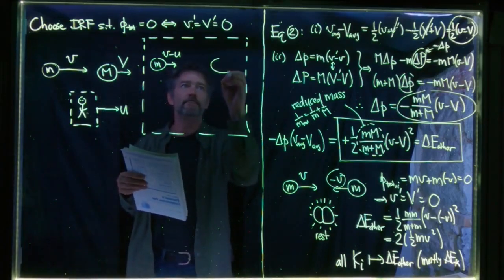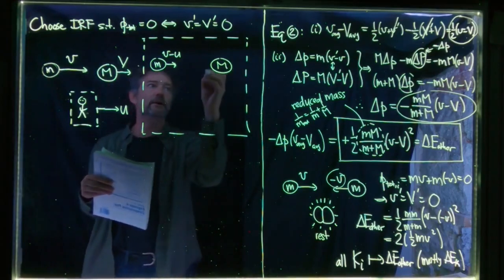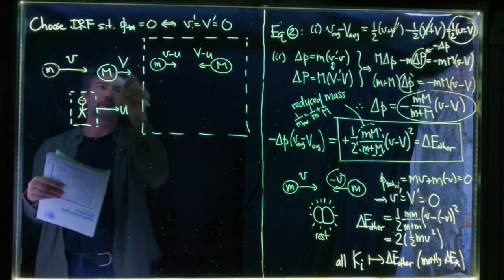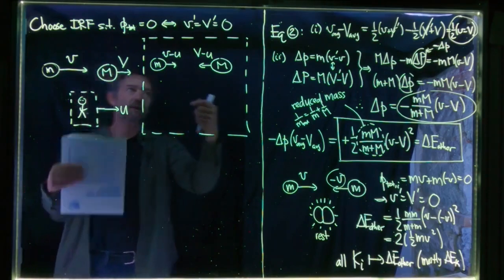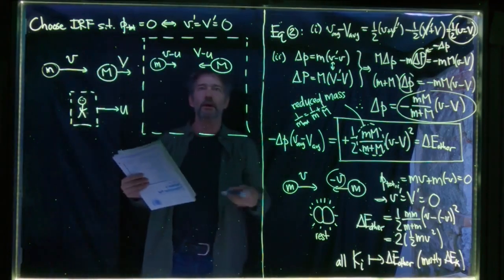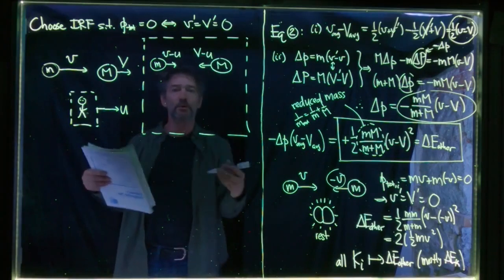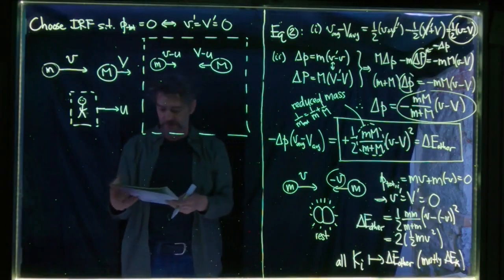And we have an object of mass big M moving with a velocity big V minus little u. Big V is short, so subtracting a larger velocity to the right gives a velocity to the left. If we choose this relative velocity u properly, then we can adjust u so that the total momentum in the system is 0.